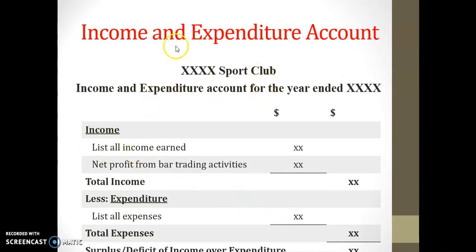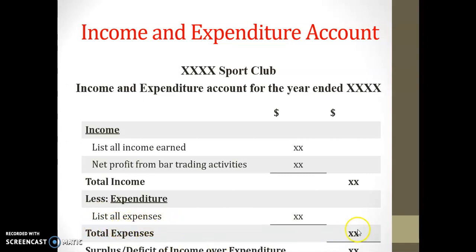This is an example of what the income and expenditure account looks like. You have the name of the association, income and expenditure account for the year ended, and you have a heading called income, and you list all income earned. And if there was a profit from the trading activity, you include that as well. And then you subtract your expenditure and you list all of your expenditure for the period within the organization.